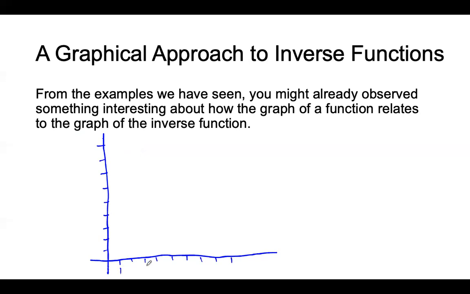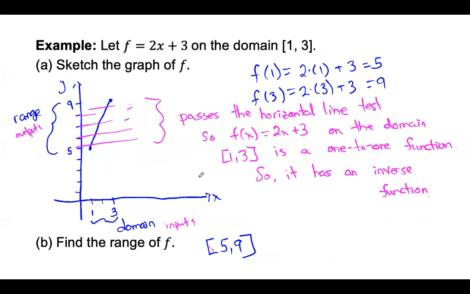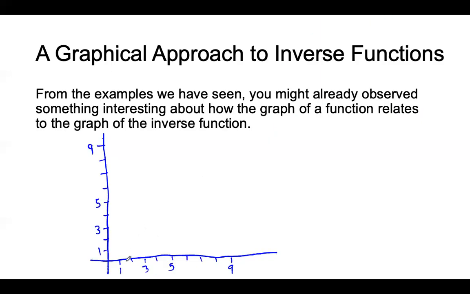So the function was first this one, 2x plus 3, on the domain, just so we remember, 1 to 3.